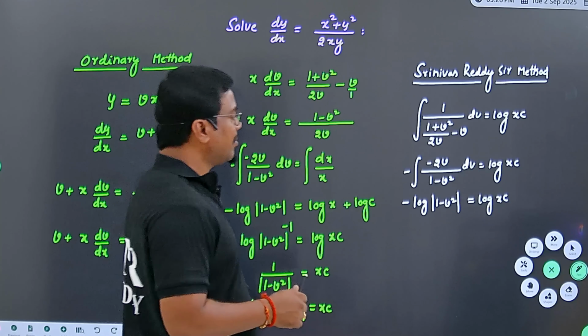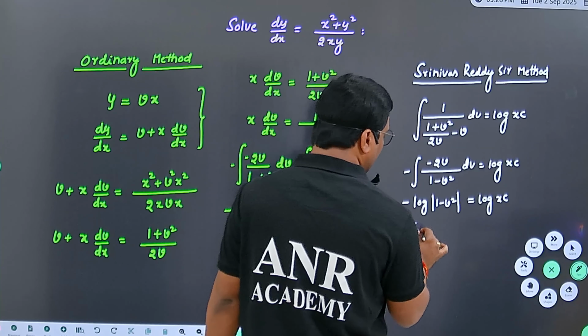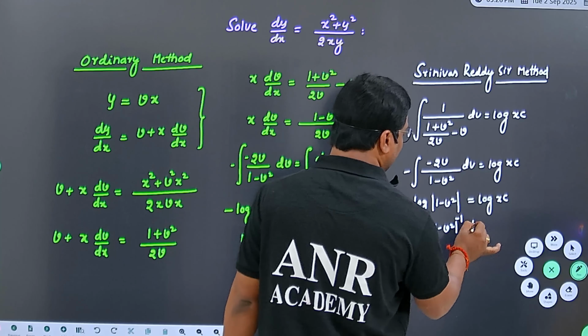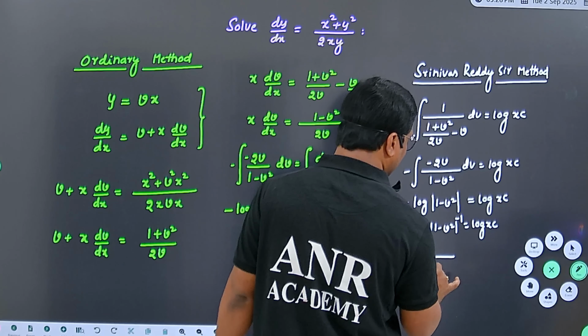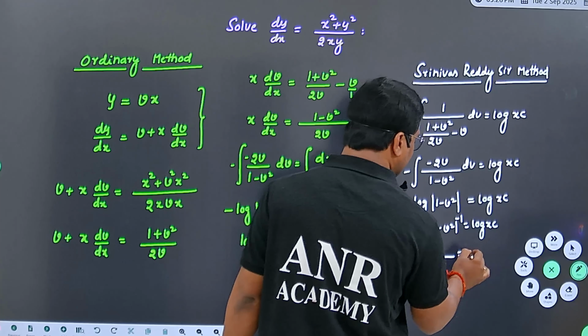Now I can write log of (1 minus v square) power minus 1 equal to log xc. Neglecting log on both the sides, we get 1 by (1 minus v square) equal to just x into c.